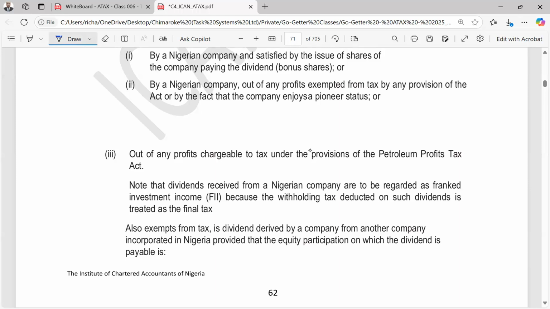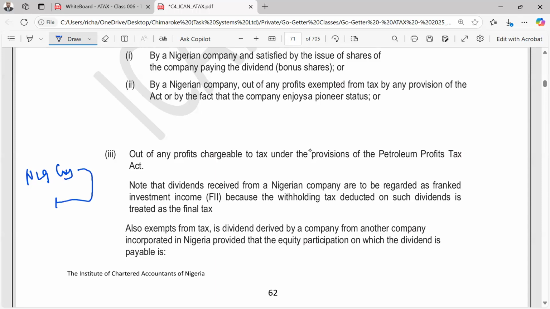Now, note that dividends received from a Nigerian company are regarded as franked investment income. So, when you see me writing FII, it means a Nigerian company paying dividends to another Nigerian company.